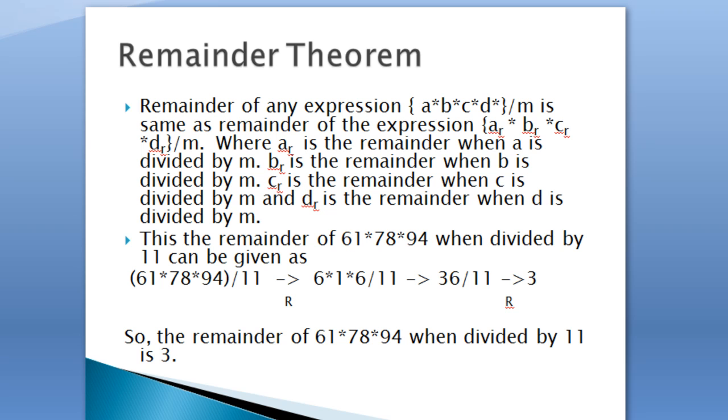If you have a very large number on the numerator, with multiplication signs between two or three numbers, when you multiply that it becomes a very large number, and then you again have to divide by m to find the remainder. It's going to be a very complicated and complex affair.